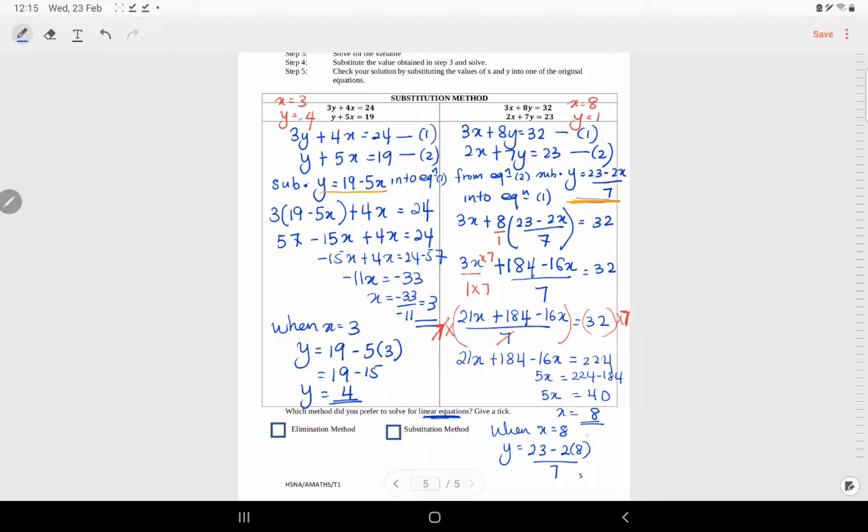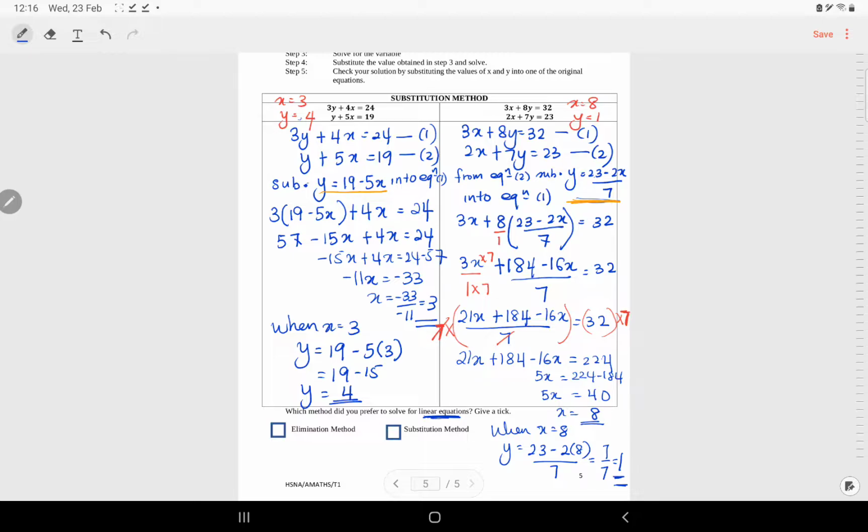Yeah, I'm using that expression. Substitute your x into here. So 23 minus 16, that should give you 7. So there you go. 7 divided by 7, you get 1. We had earlier x equals 8, y equals 1. And that's using the substitution method.